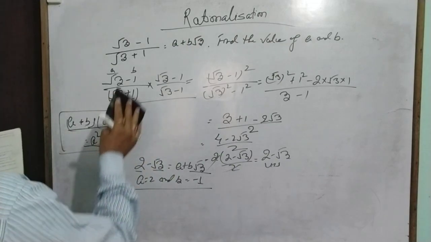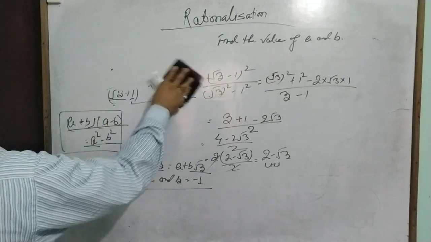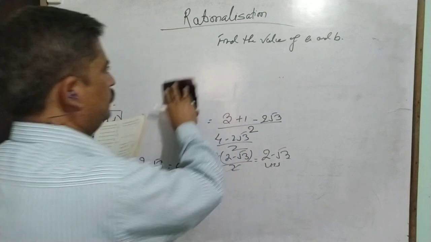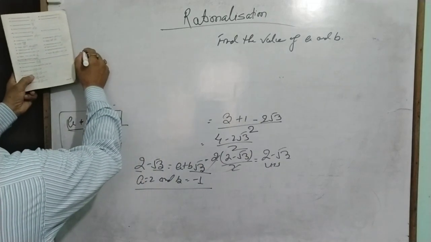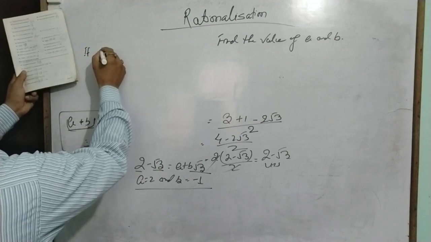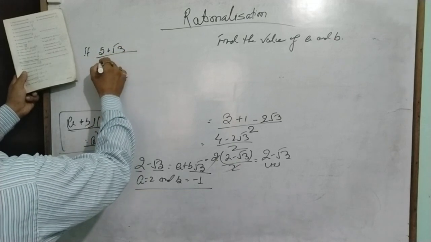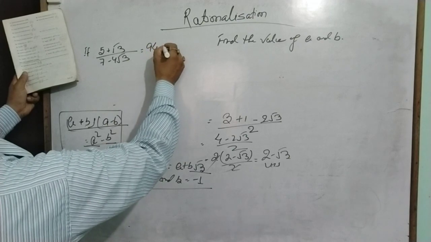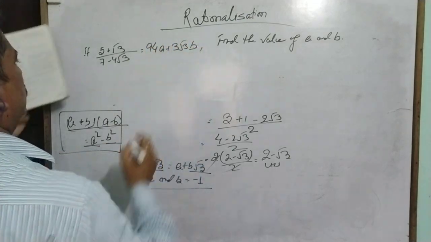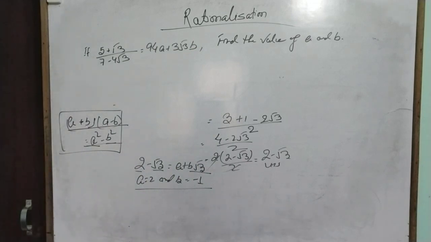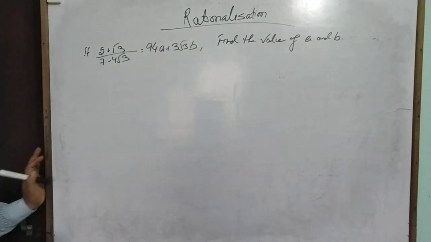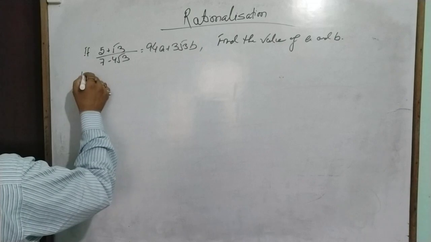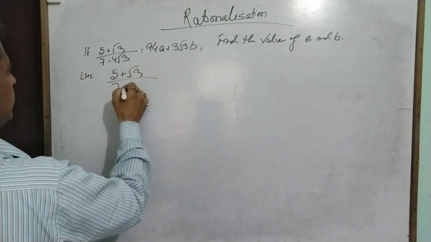The next question is: if 5 plus under root 3 divided by 7 minus 4 root 3 is equal to 94a plus 3 root 3 b. So LHS equals 5 plus root 3 divided by 7 minus 4 root 3.